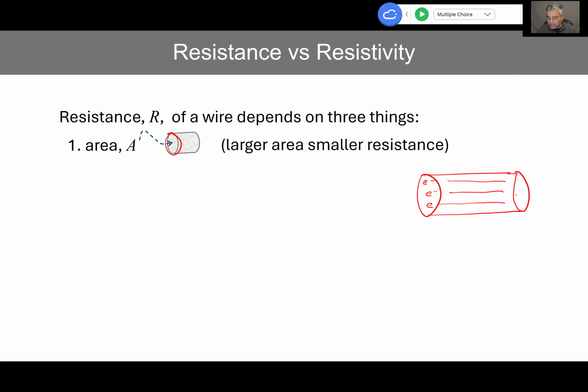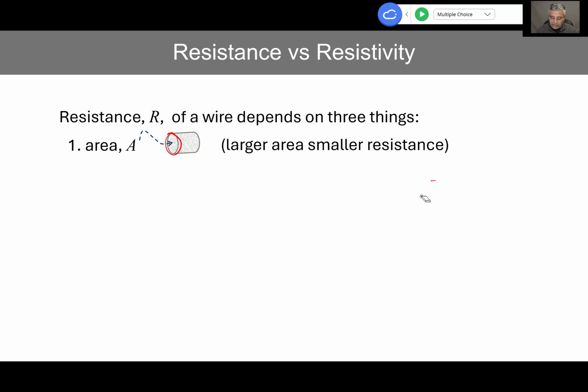Just like, for example, when we are driving on a 3-lane road, the flow of traffic is going to be smoother. So in this case, the flow of electrons is smoother when the wire is bigger. But if it is just one lane, like a very thin wire, then the flow becomes congested, so not as efficient.